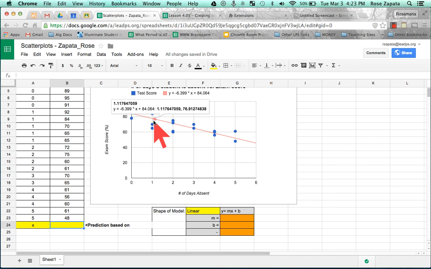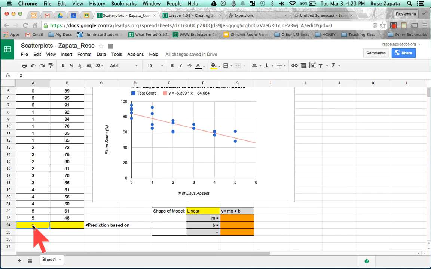And what I want to know is, when I'm absent for 6 days, what should I expect to get on my exam? So number one, I can just hover over it and say, when X is 2, so when I'm absent for 2 days, I would get a 72% potentially on my exam.